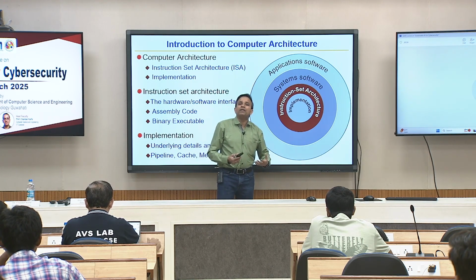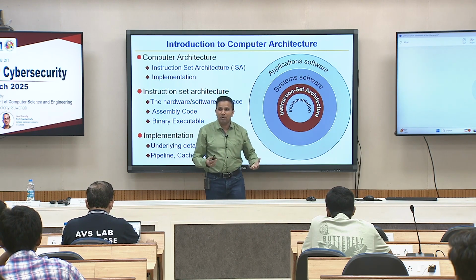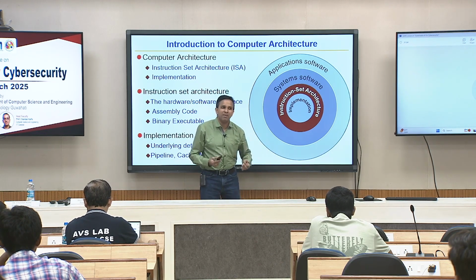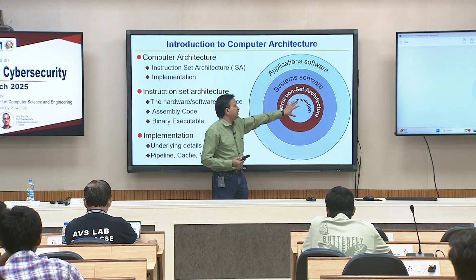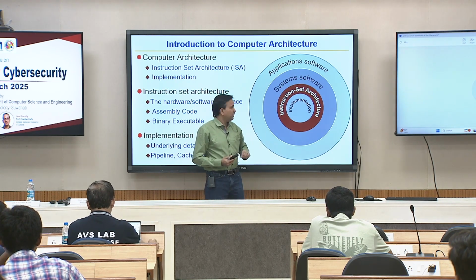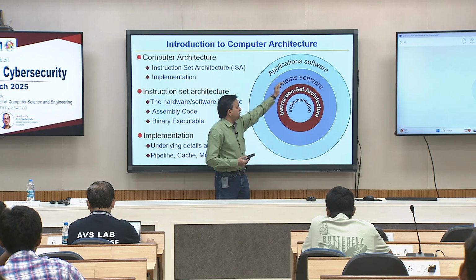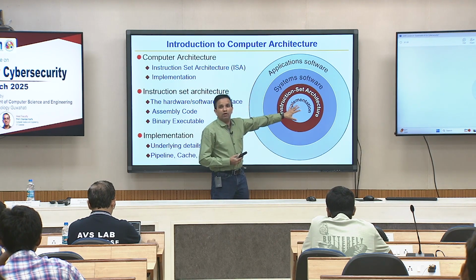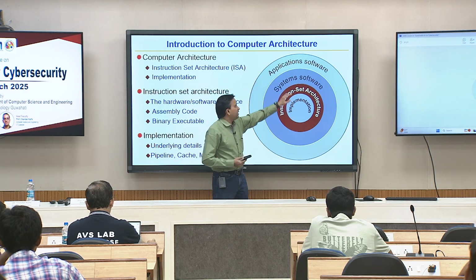All they need to know is what instructions you support, add, subtract, multiply, what registers you provide, so that I can generate compiler code. What is the minimum I need to know about the computer architecture, so that I can produce the binary or assembly. So, compiler writers or even operating system people or anybody in this layer does not need to know every tiny bit of detail, that is the abstraction.